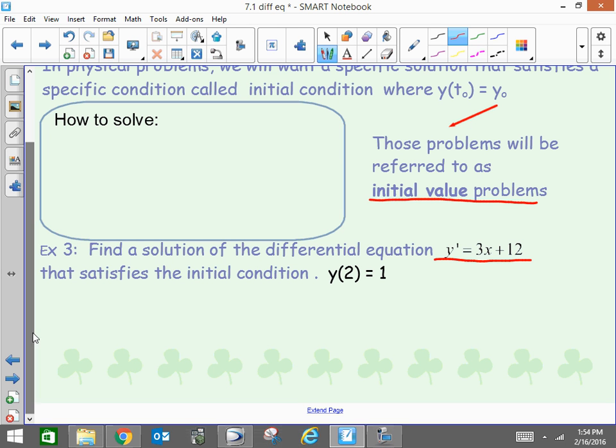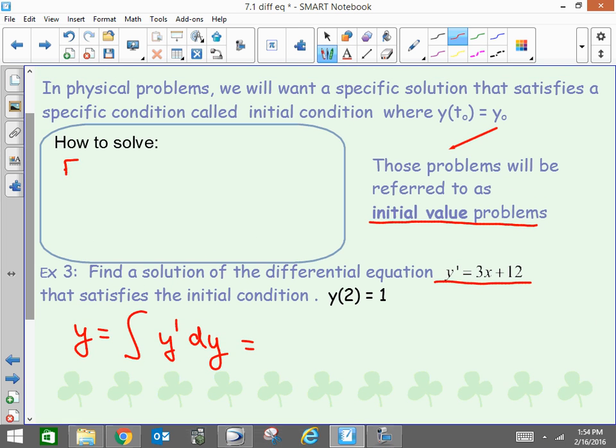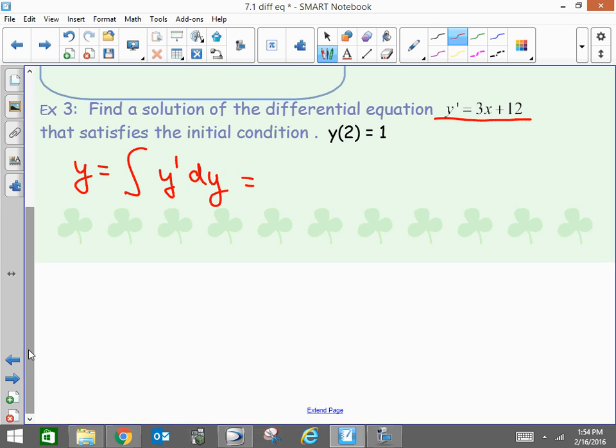Antiderivative. So you might want to do like y equals the antiderivative of y prime, just to kind of be clear about what we're doing. So we're going to find the antiderivative. That is 3x plus 12 dx.